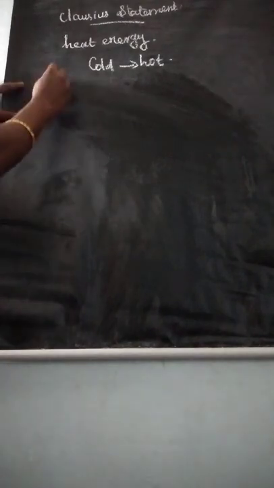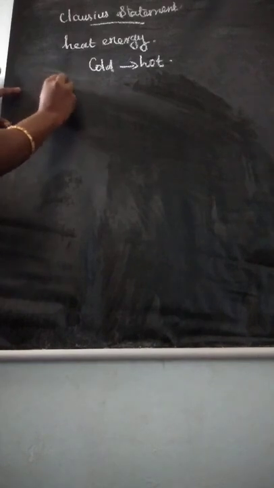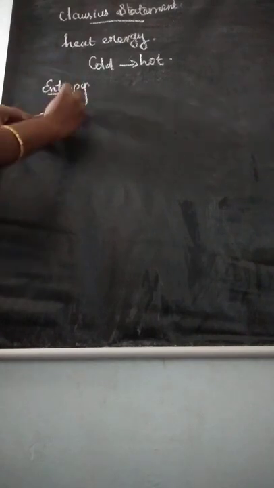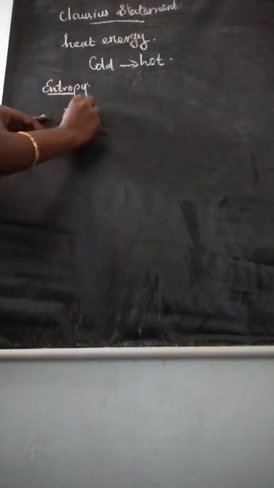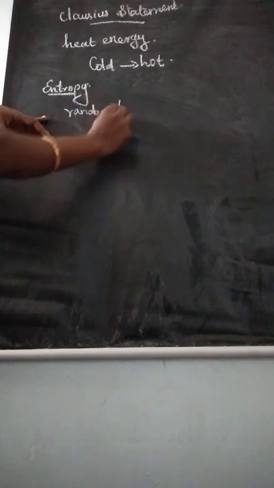So totally, the statements of the second law of thermodynamics, we learned three statements. What are the statements? The first statement is the entropy statement. In the entropy statement we learned the definition: entropy means a measure of the randomness or disorder of the molecules.